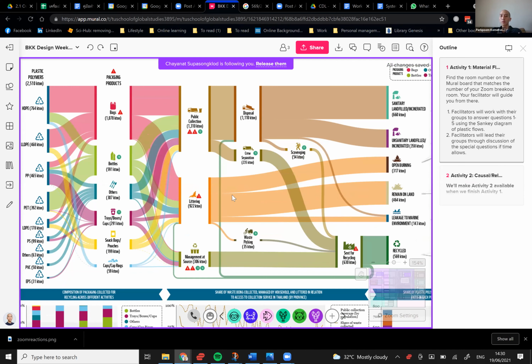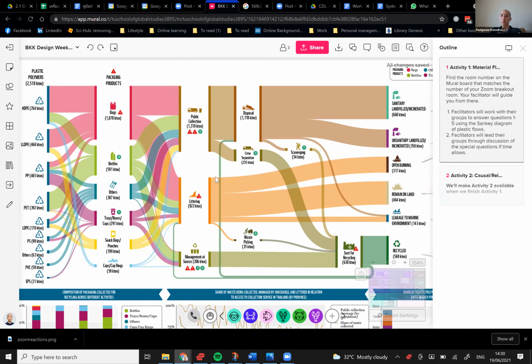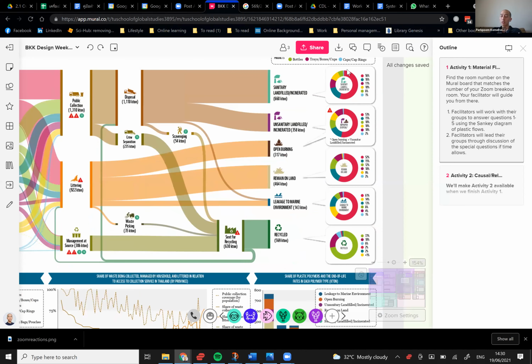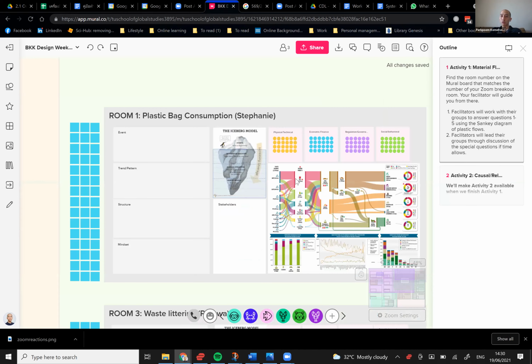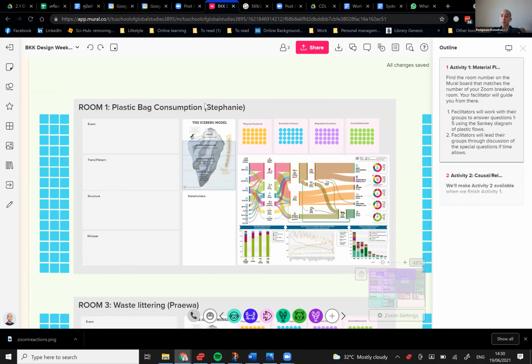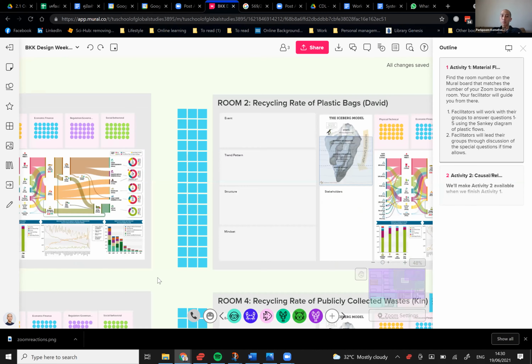You can also go back to plastic bag consumption, but look at why most of the plastic bags are not being recycled, and how can we improve their recyclability, and so on. So each room will be assigned a different problem along this whole journey. Room number 1 is plastic bag consumption, and room number 2 will be the recycling rate of the plastic bag.